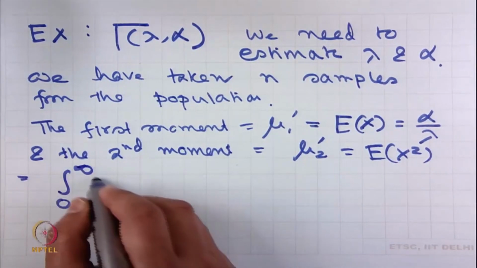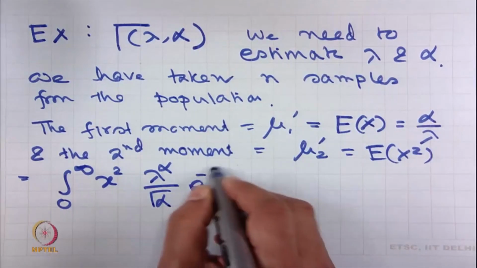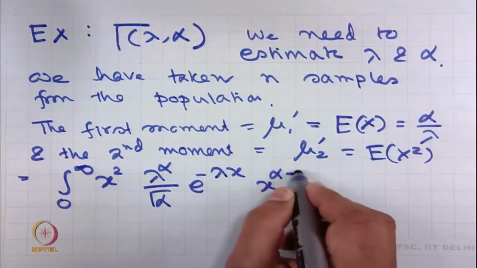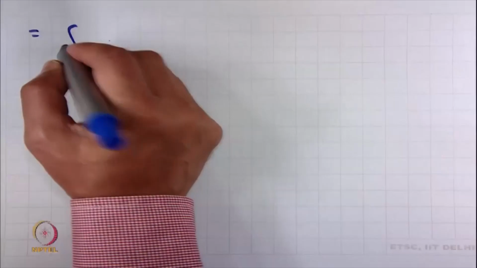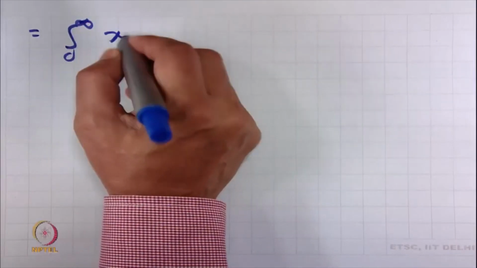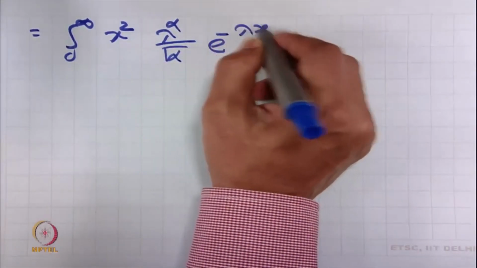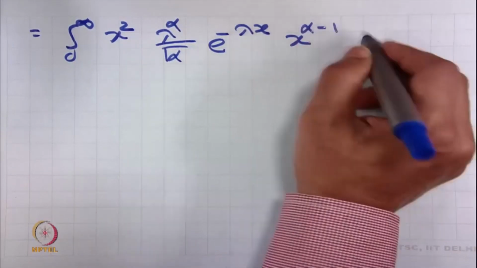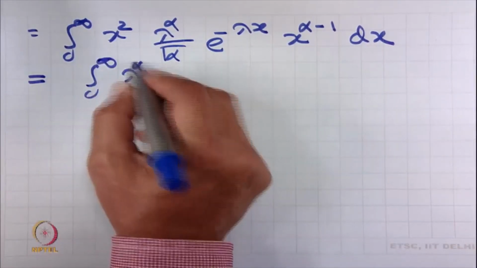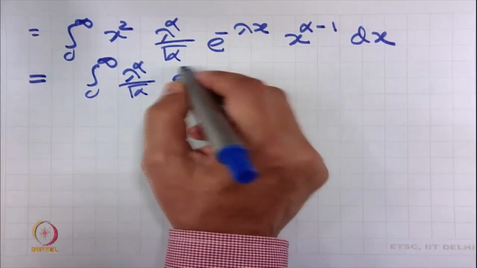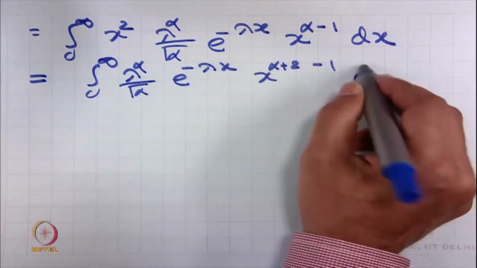which is the integral from 0 to infinity of x square lambda power alpha upon gamma alpha e to the power minus lambda x, x to the power alpha minus 1 dx, which is equal to the integral from 0 to infinity of lambda power alpha upon gamma alpha e to the power minus lambda x, x to the power alpha plus 2 minus 1 dx.